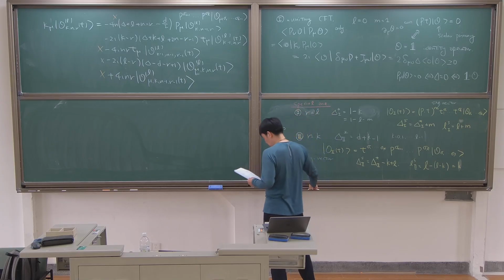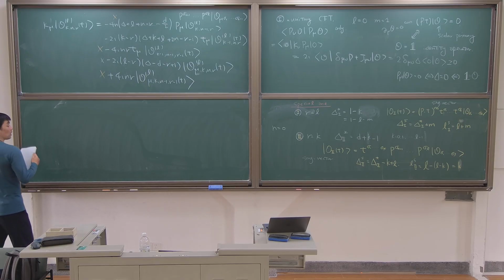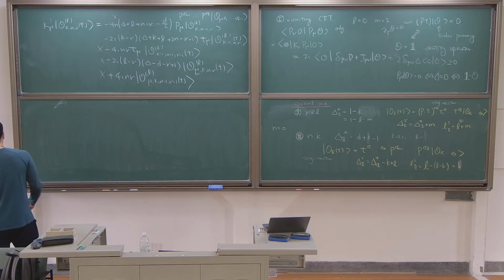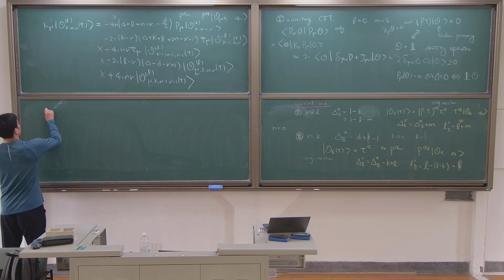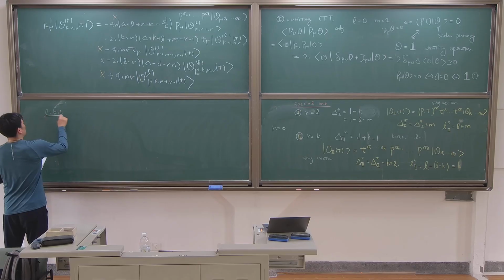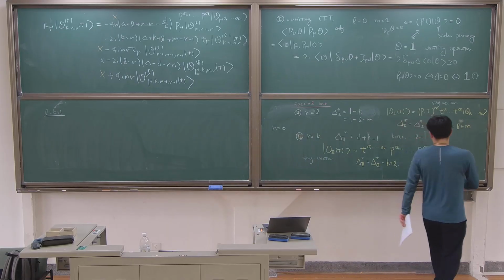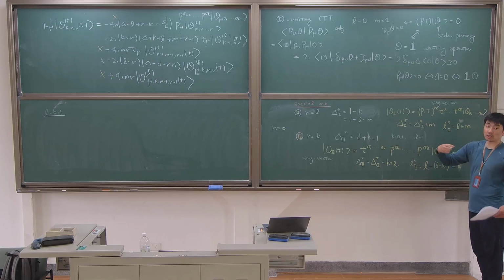And number two is the really generic singular vector. Let's look at the following case when L is equal to K plus 1. This is the special case. L equal to K plus 1 means that only one P acts on operator O and it becomes a singular vector.